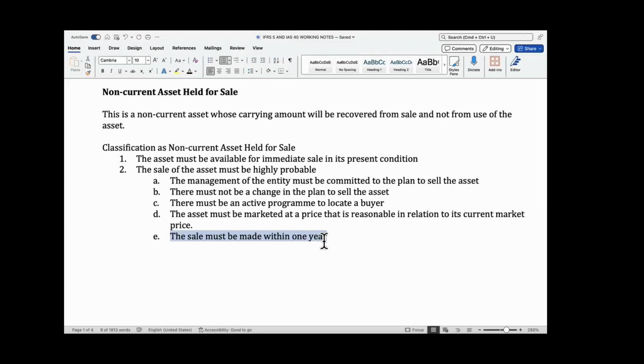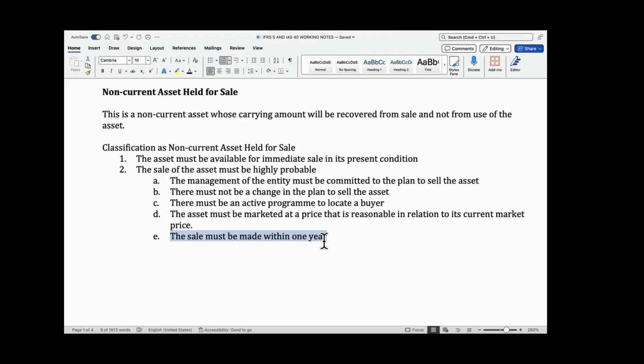Except if you can show us that the reason why you're unable to sell is beyond your control and you are still making effort to sell, then the standard says you can continue to keep it in your books as a non-current asset held for sale.